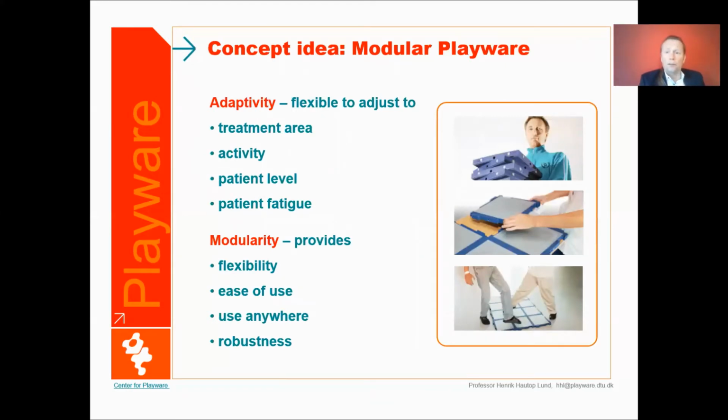So the idea here is that we want to create some modular Playware that can adapt to people, their different use. For instance, in health, in terms of different treatment areas, activities, patient levels, patients' fatigue, and so forth, utilizing the modularity to allow for flexibility, ease of use, that it can be used anywhere, and to create some robustness.